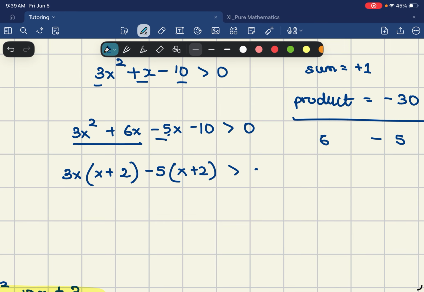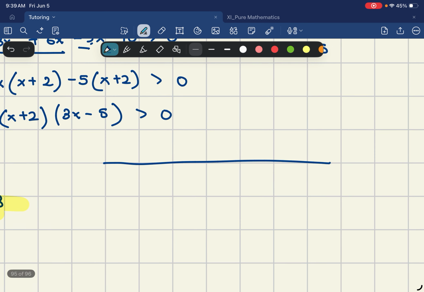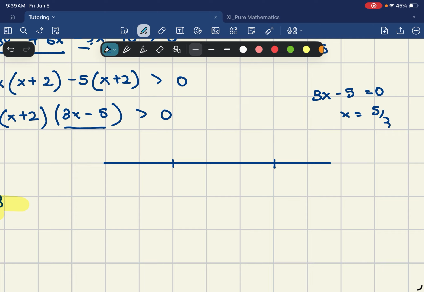So now I can factor out x plus 2 and 3x minus 5. So now we just use a regular number line method. If you set this to be 0, 3x minus 5 is equal to 0, x is equal to 5 over 3. That is what you are going to get.